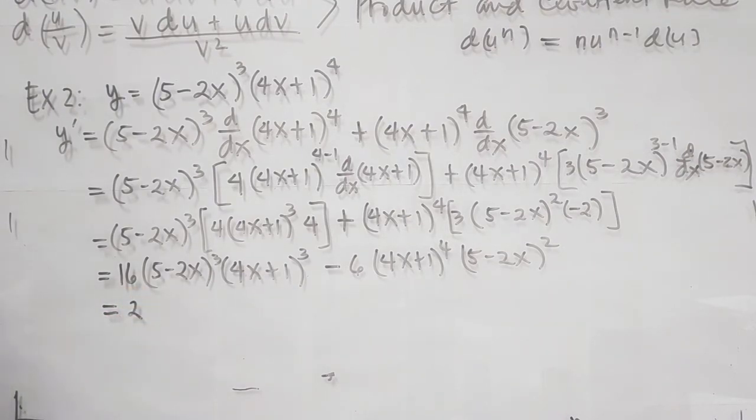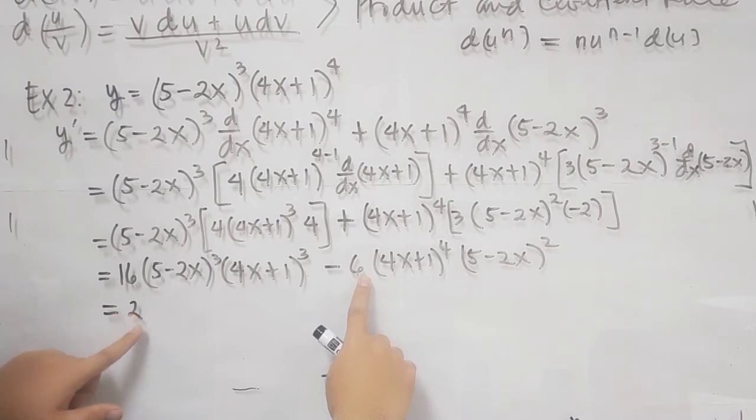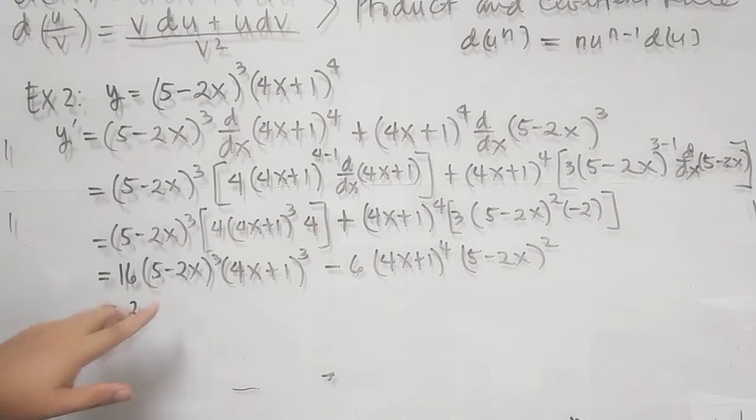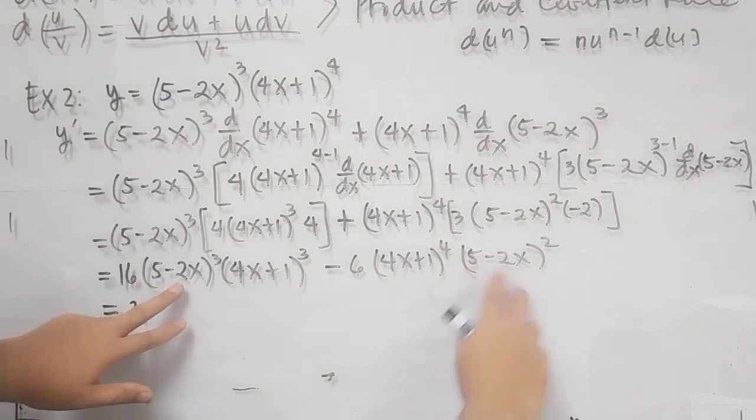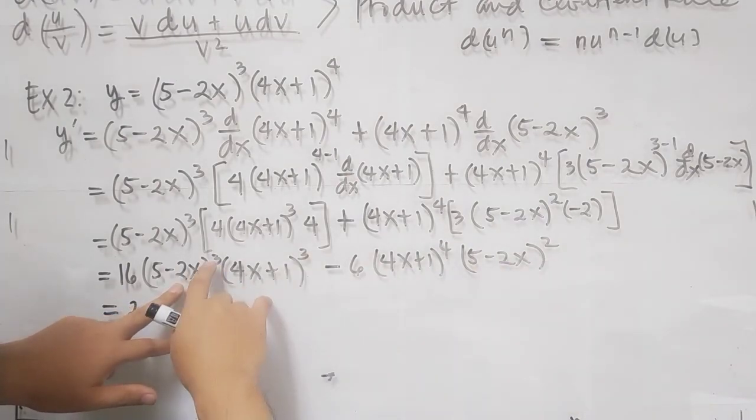Next, I am writing the common factor for these 2 groups. So 16 and 6 are divisible by 2, so I will write here 2, the greatest common factor. And then this one, 5 minus 2x, 5 minus 2x, this is square, this is cube. This is 3, this is 2.